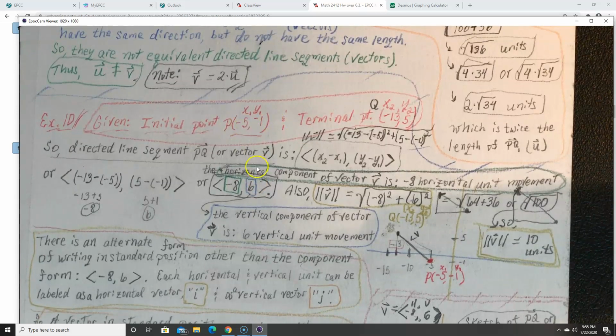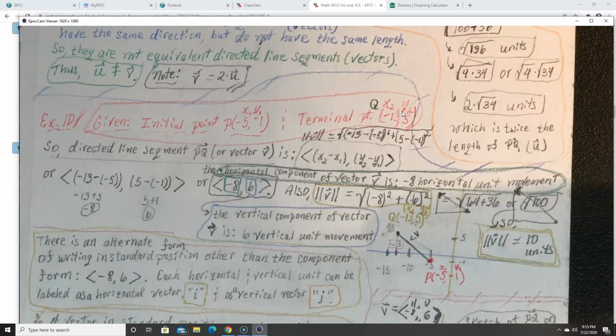Then from -5, you would move 8 units to the left, and then from the y value of -1 on the initial point, right here, down 1, I just move over here. And now I'll move up the vertical component, which is 6, and that gets you to the terminal point of the original directed line segment PQ.